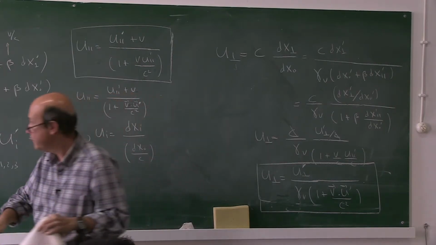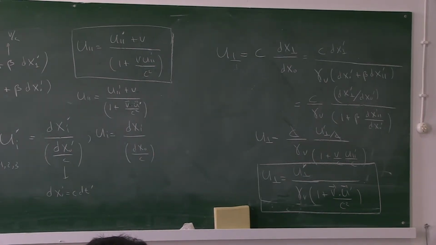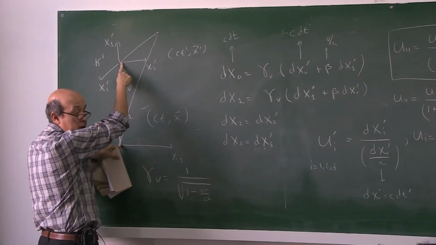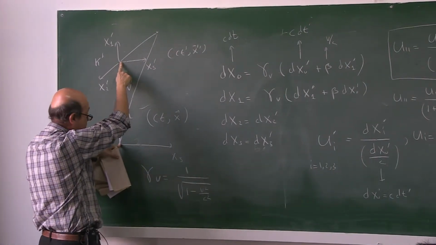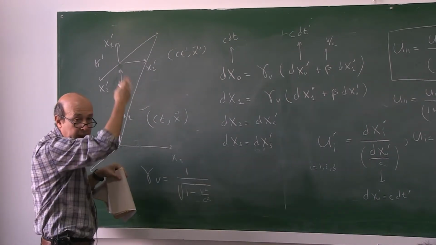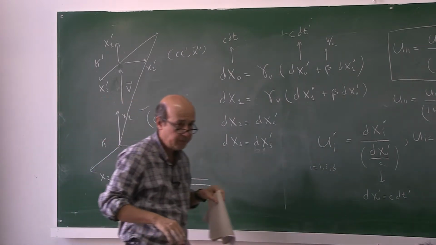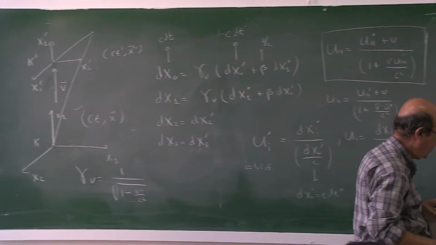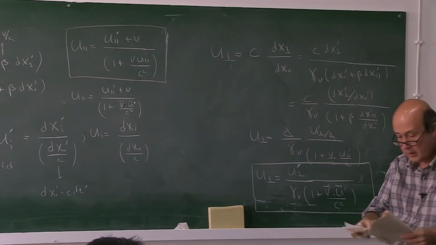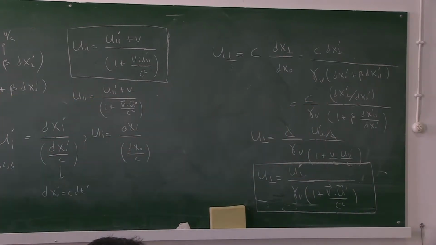If these two frames move with respect to each other with v such that gamma is large, then you will notice the velocity here or there only parallel to the motion. The perpendicular to the motion goes to 0. That is important in the calculation of collision problems. So that's all I want to talk about the addition of velocities.